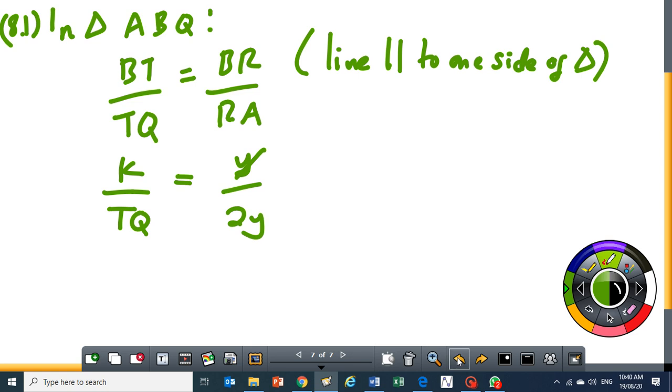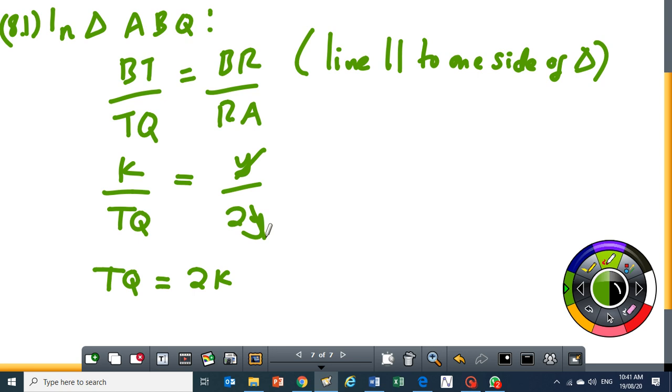So you end up having K over TQ is equal to 1 over 2. Then you cross multiply, and you get TQ equal to 2K.